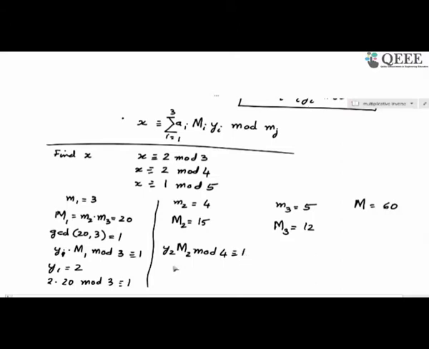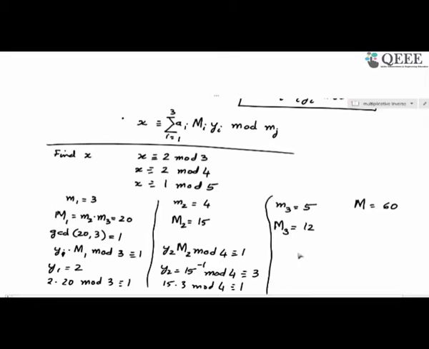If you try to solve this, you find that y2 is equal to 15 inverse mod 4, which you can find to be equal to 3. So if you look at it, 15 into 3 is 45, mod 4 is again congruent to 1.